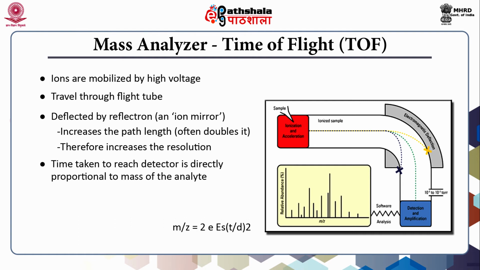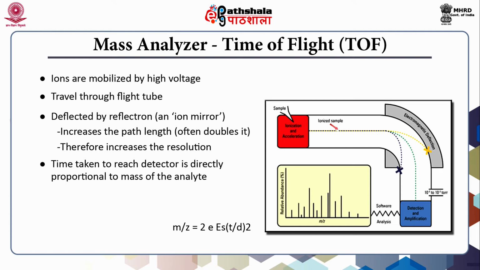The time taken to reach the detector is directly proportional to the mass of the analyte. So, when the ions travel through the TOF tube, they hit the ion mirror, which increases the resolution, and the time taken to reach the detector is proportional to the mass of the analyte, as I told before.